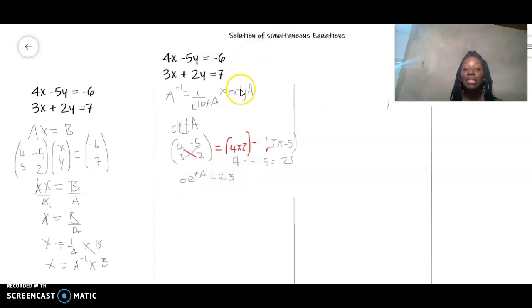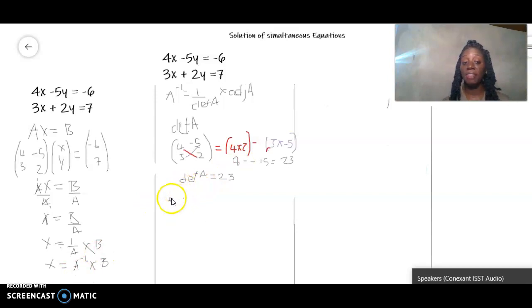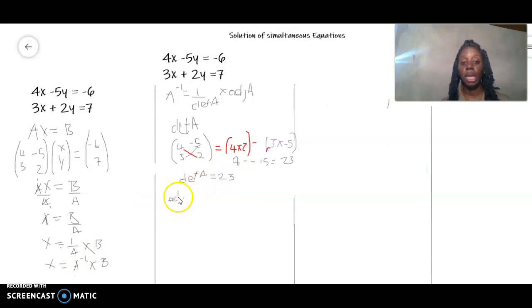Alright, now I need to find the adjoint of A, or A adjoint if you so choose. How do we find the adjoint of A? Alright, so looking at the matrix for A, we would first interchange the elements of the leading diagonal.